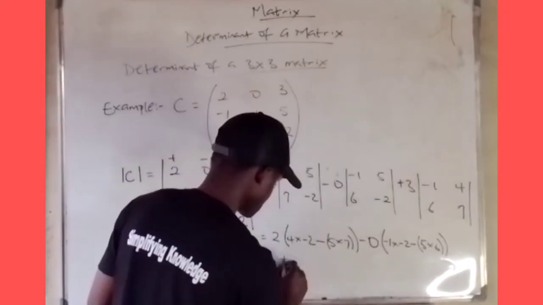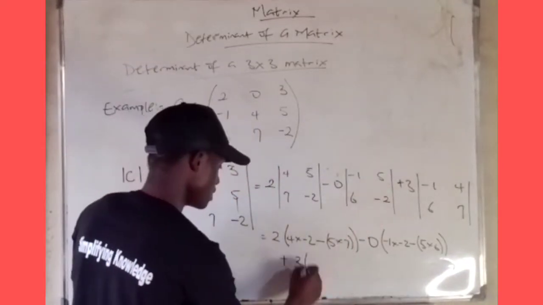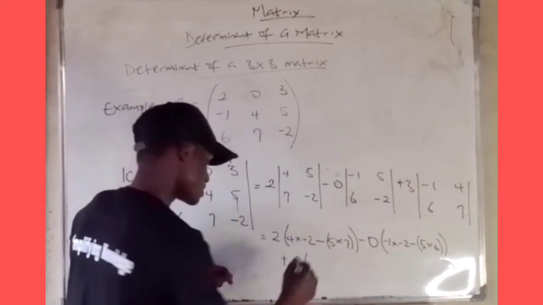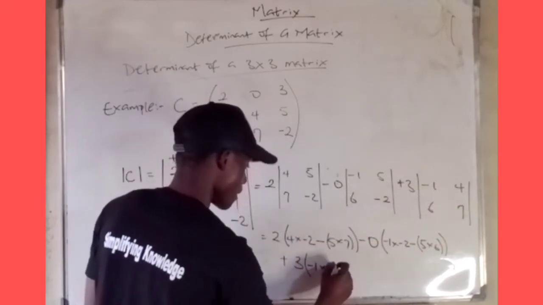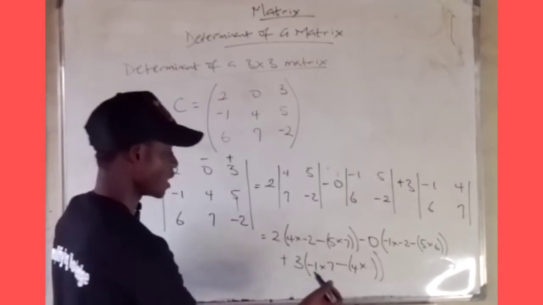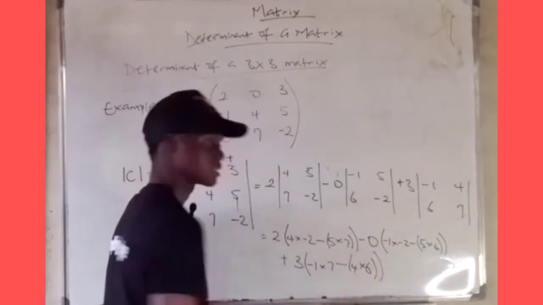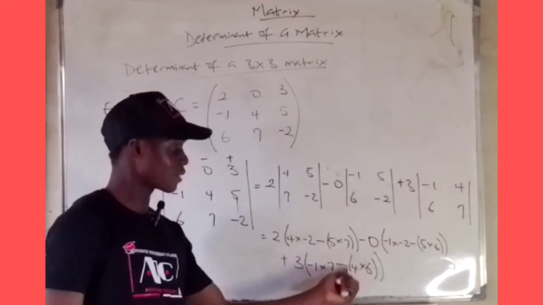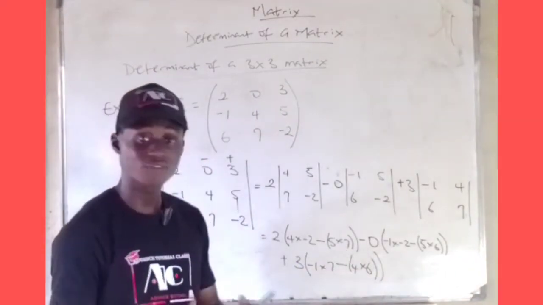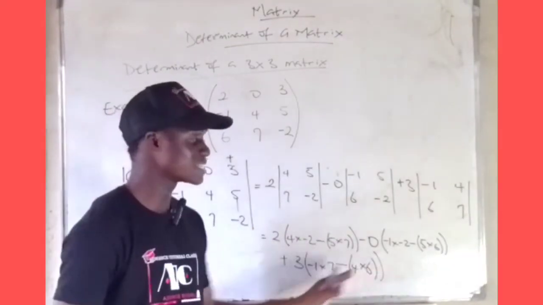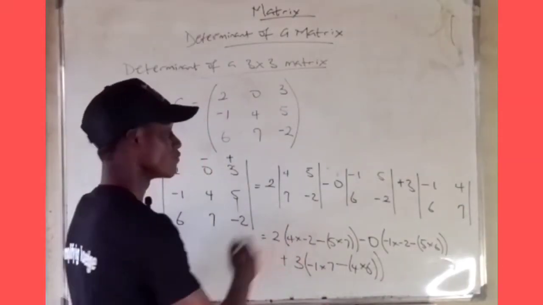Lastly, plus 3 into minus 1 times 7 minus 4 times 6. Now you notice I put most of these in another bracket. That's because I didn't want the conflict of the signs here. So having laid this down, we now move ahead to solve them.